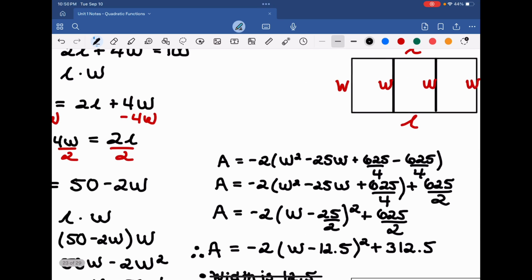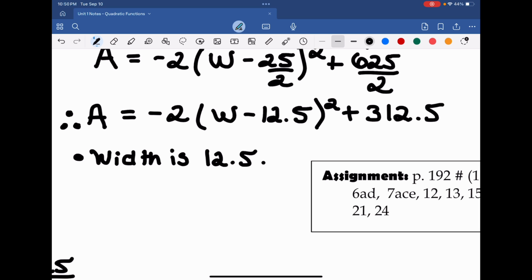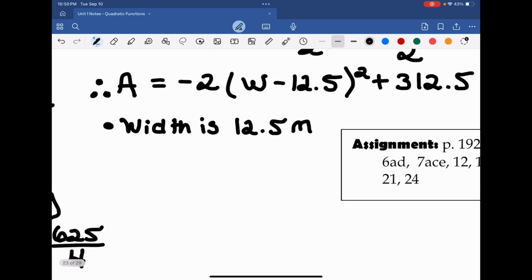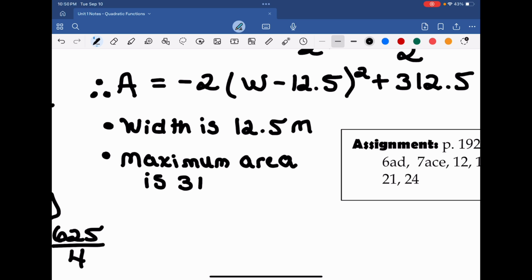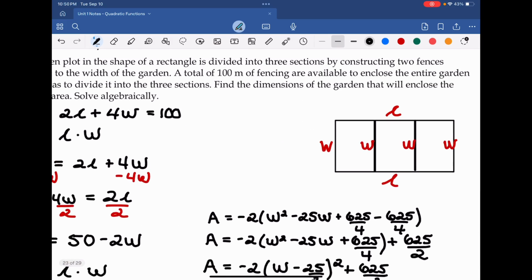And just to be specific about units, it's meters. So 12.5 meters. We know that the maximum area is always the q value, and in this case, that's 312.5 meters.